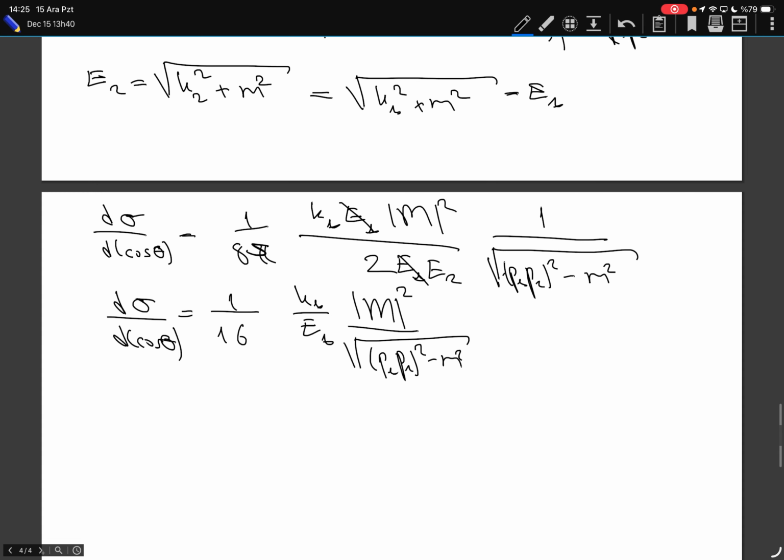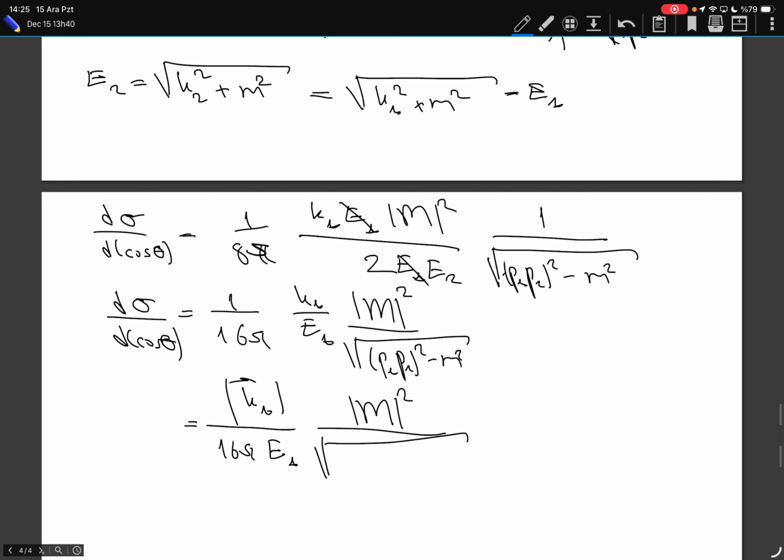Now let me convert everything again back to my Mandelstam variables s, t, and u. Let me also write it in this way. This is the magnitude of the 3-vector, not the 4-vector k1, divided by 16π E1 times |M|² over, okay, what is P1·P2?